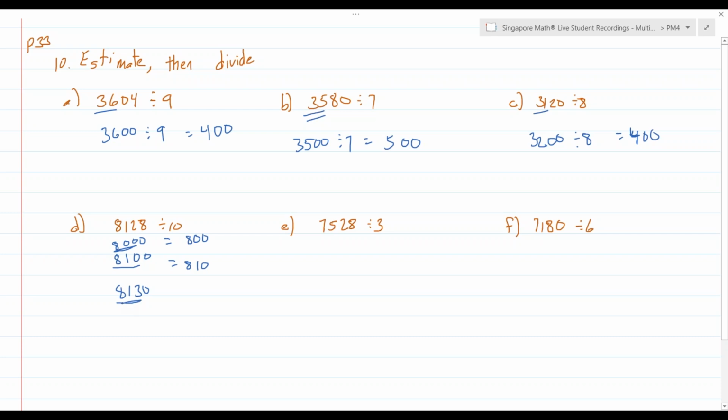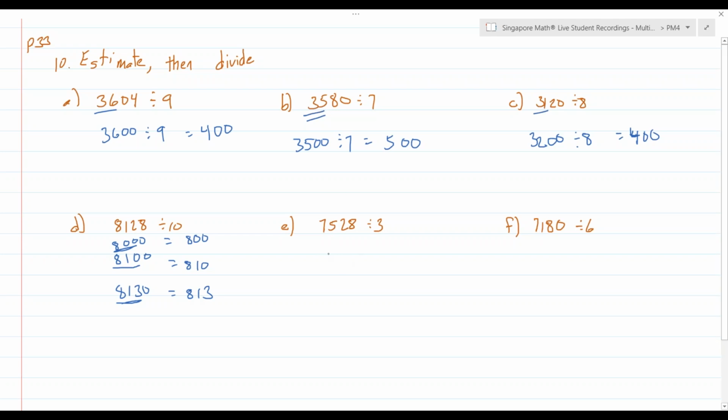Here we have 813 tens, so that's even a closer estimate to the right answer. 8,128 is not far from 8,130, which is exactly 813 tens. When I divide it by 10, I get 813. So it's very easy for that one to make it pretty close to the right exact answer.